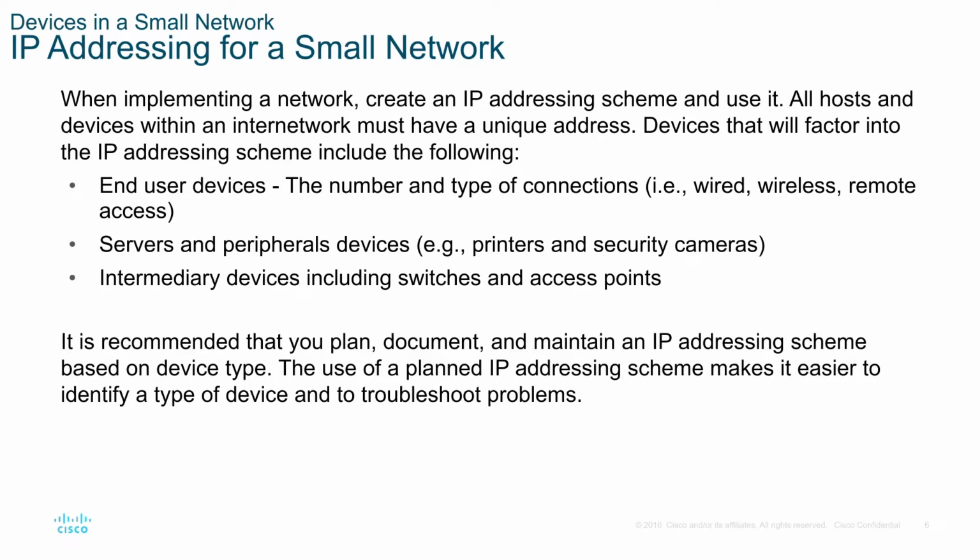Do you have servers and peripheral devices, printers, security cameras, intermediary devices, including switches and access points? It is recommended that you plan, document, and maintain an IP addressing scheme based on device type. The use of a planned IP addressing scheme makes it easier to identify a type of device and to troubleshoot problems.